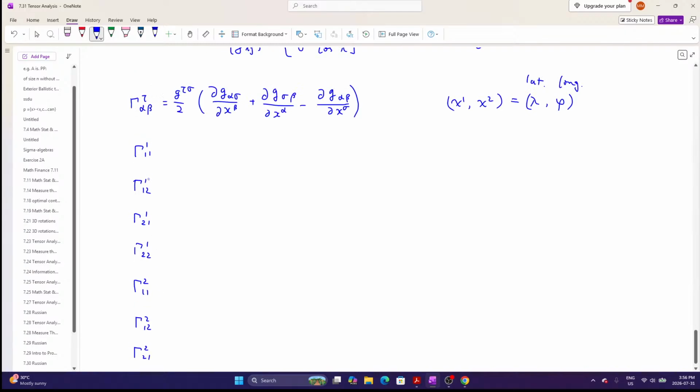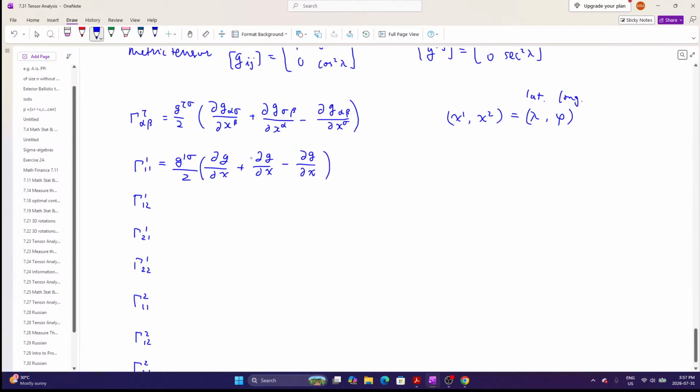So gamma 1, this is g1 sigma over 2 times dg over dx plus dg over dx. I'll worry about the indices in a second. So you have 1, 1 for the last g, and its x has this sigma attached to it: g sigma, sigma, 1, 1, 1, 1.